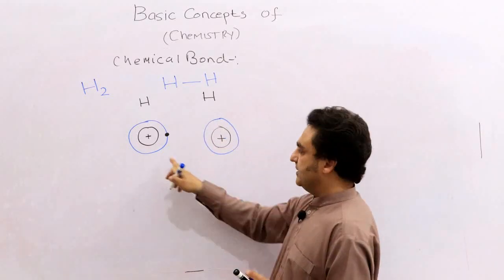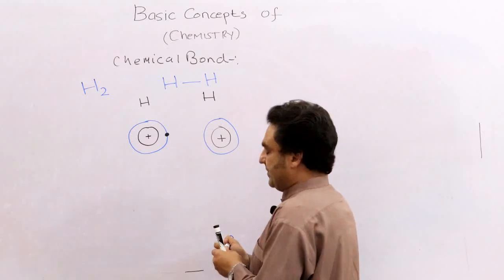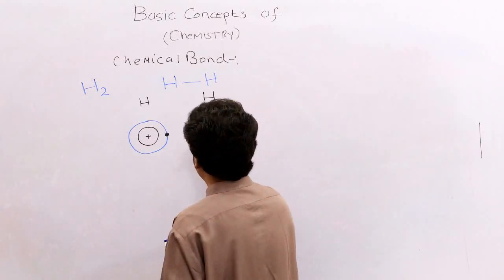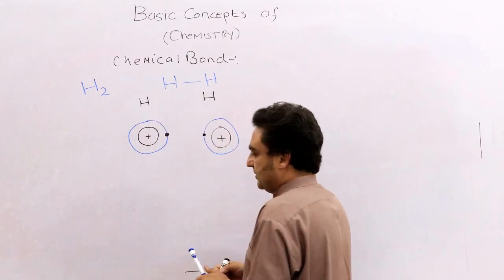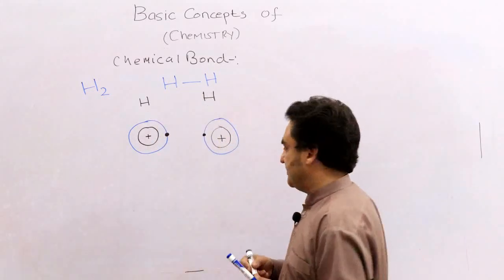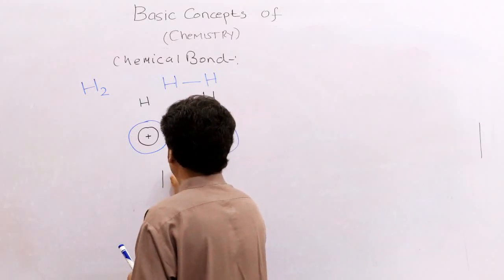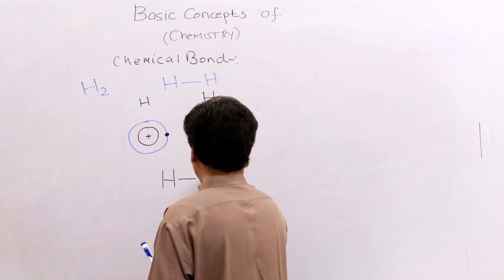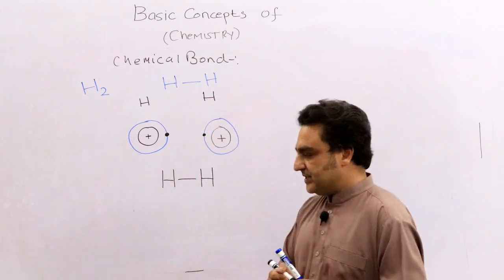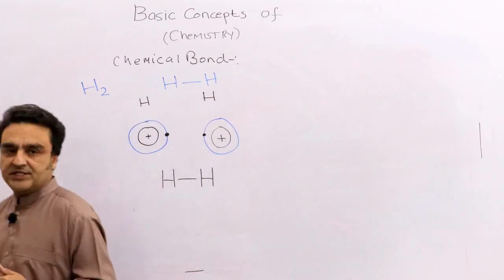This blue one is a K shell, this blue one is a K shell, and they have hydrogen, and somehow they attach together and produce a hydrogen bond. Okay, this will be the basic.